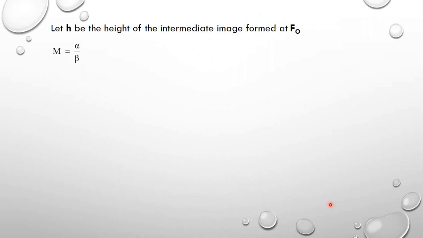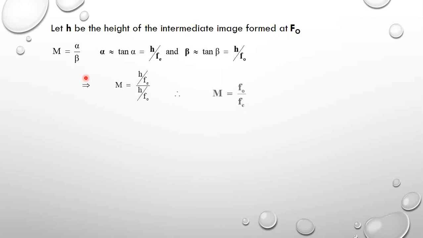M is alpha divided by beta, and substituting, m is going to be f0 over fe. This is the angular magnification of the telescope in normal adjustment.